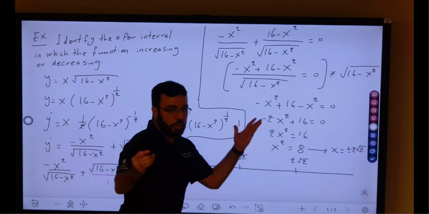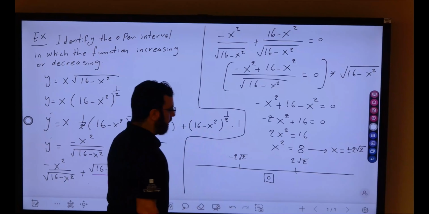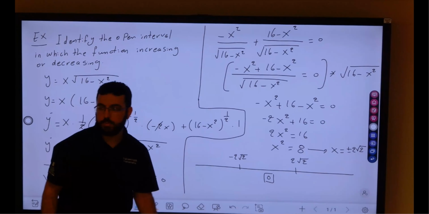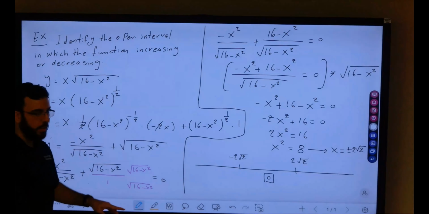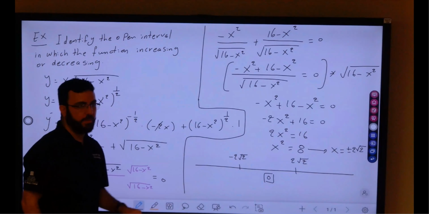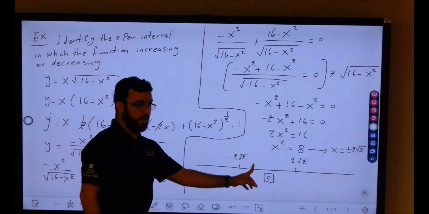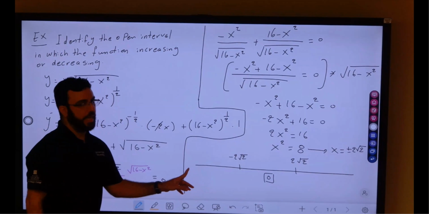0 is the easiest one, so I can choose 0 here. Now, on this side, negative 2 times square root of 2 is about negative 1 point, let's say 4. So which number can I choose here? 2? No, because negative 2 is going to be here. Okay, negative 3, okay.